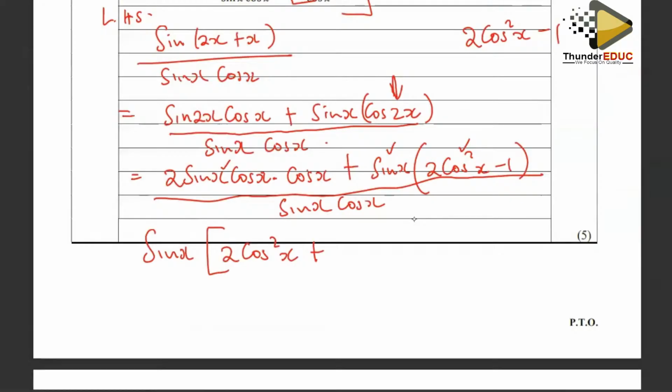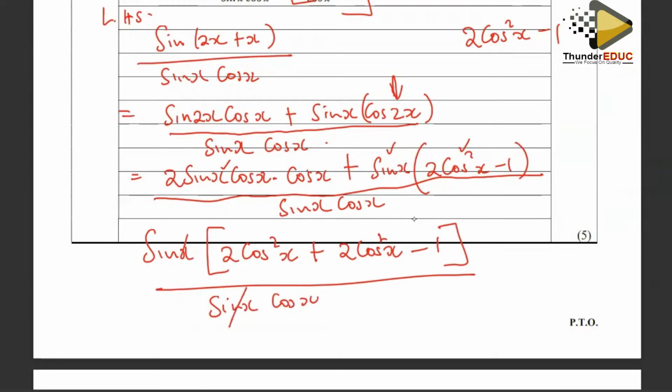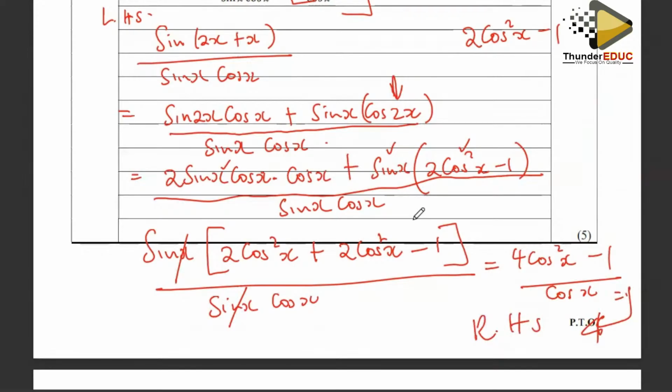It should make sense. Okay, so we're having 2 cos squared x, and then we are subtracting a 1. This is all over sine x cos x. So this cancels that. 2 cos squared gives me 4 cos squared of x minus 1 over the cos of x. So that is equal to the right-hand side. So that is how the proof would have been done.